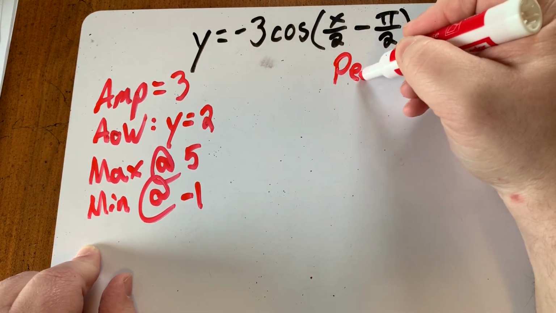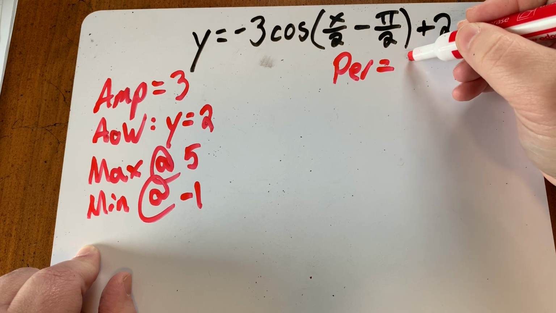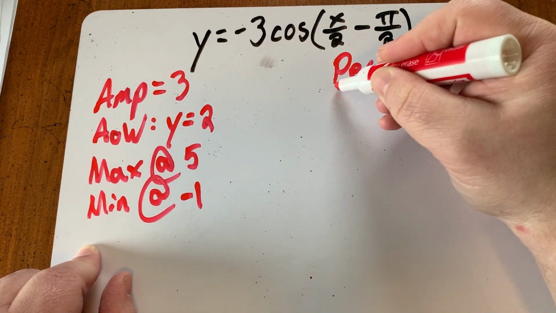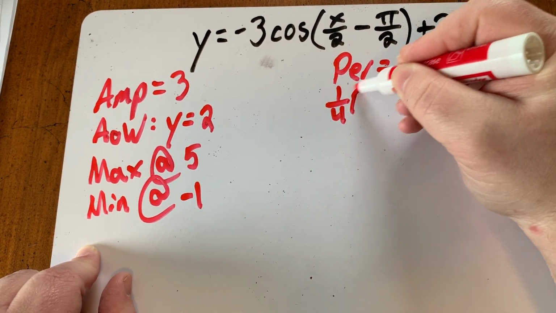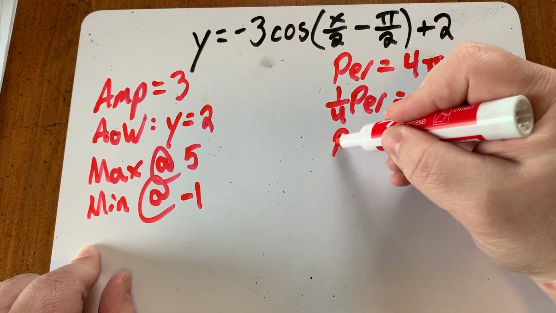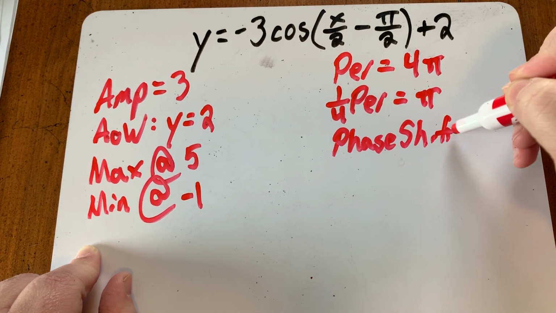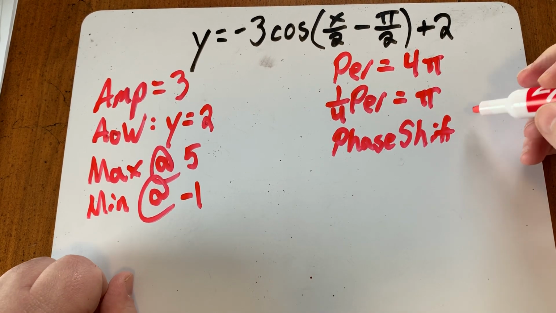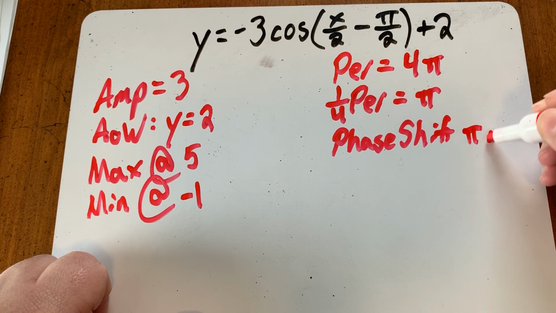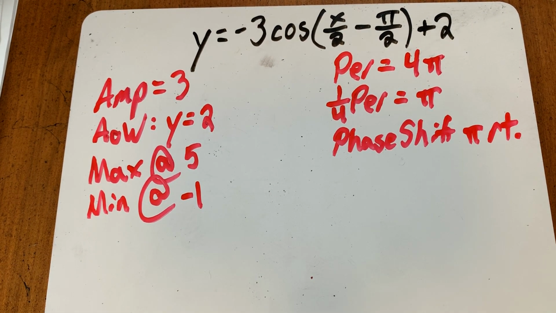We know our period is 2 pi over 1/2, which is 4 pi. Our quarter of a period is pi, and our phase shift is pi to the right. So that's what we can get from all the numbers.